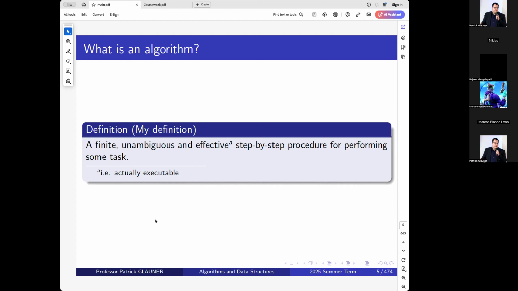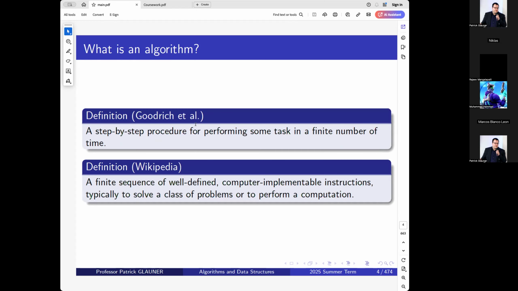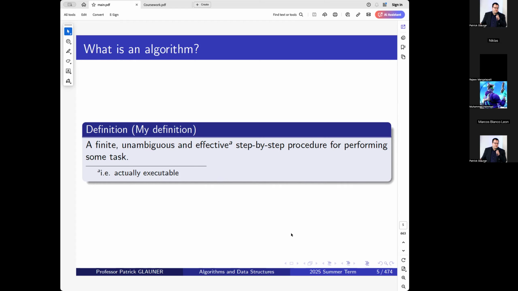So it's clearly and well defined. Some people would maybe not say unambiguous, but well defined. So this is more or less what we mean by unambiguous.